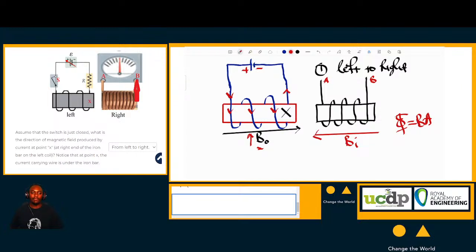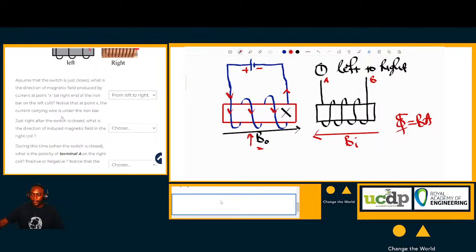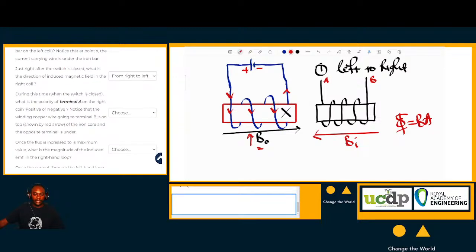Therefore, the induced magnetic field in the coil on the right is going to be opposing the direction of the original magnetic field. That's according to Lenz's law. So right to left. Are you okay with that?